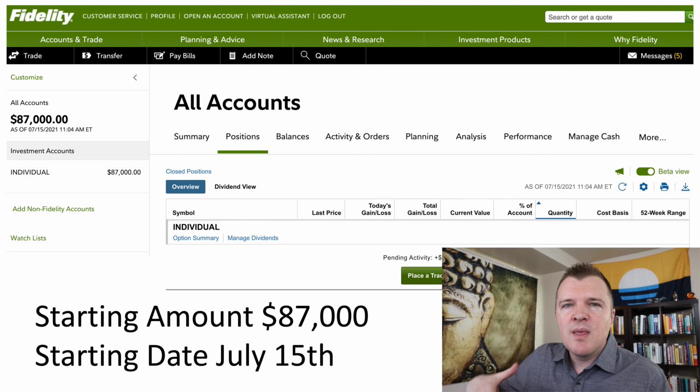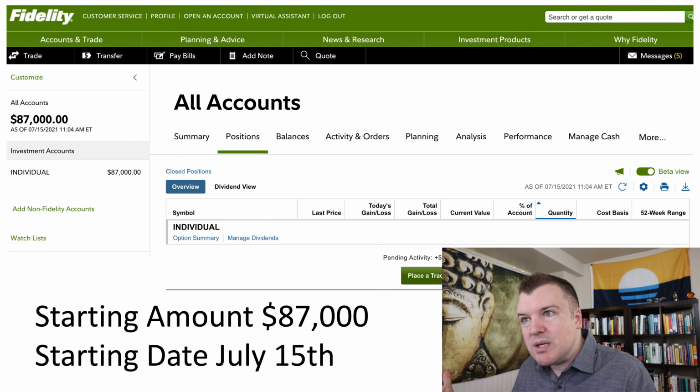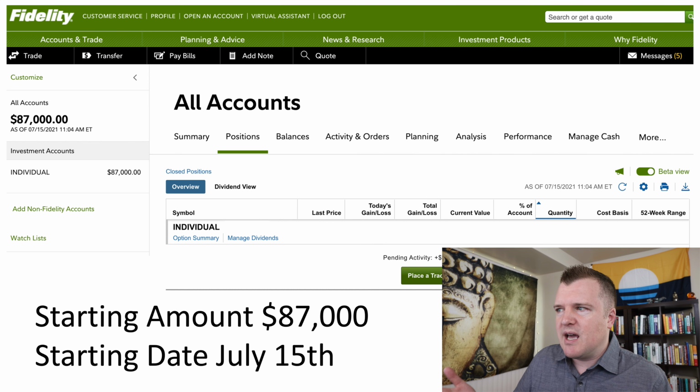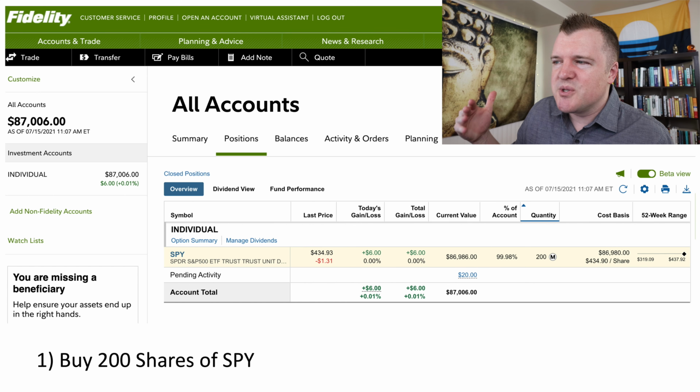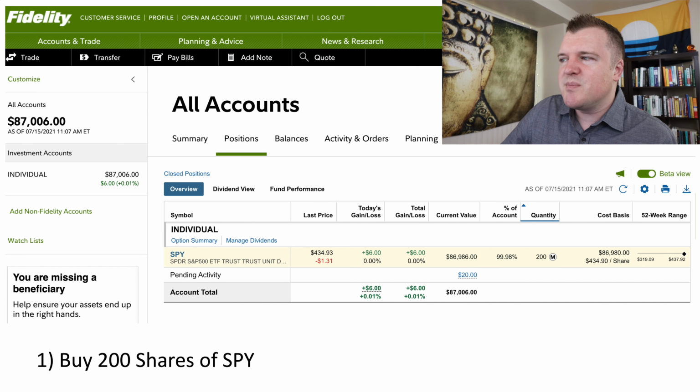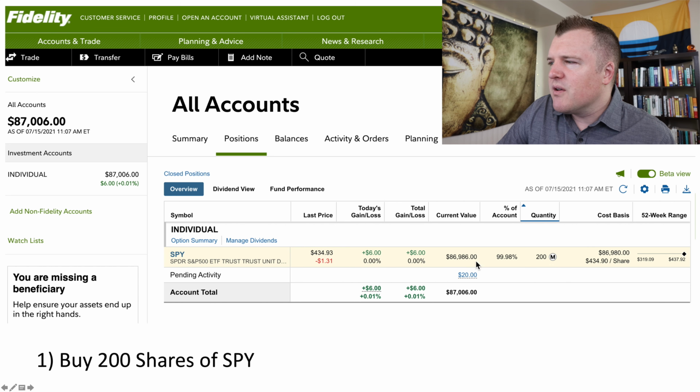And I want to see how much money I can make doing this over roughly 5.5 months. Pretty interesting. So to set up my account, let's first buy 200 shares of SPY. And you'll notice it says pending activity $20. So after I bought all of my shares of SPY, I have about $20 left over.